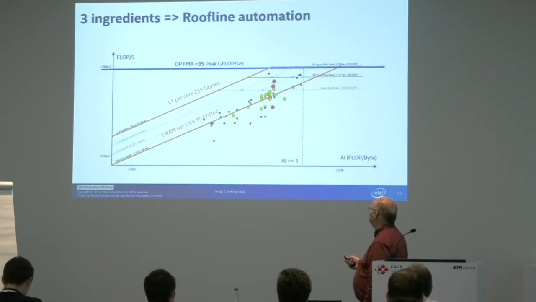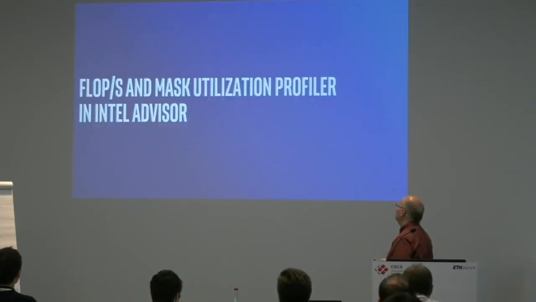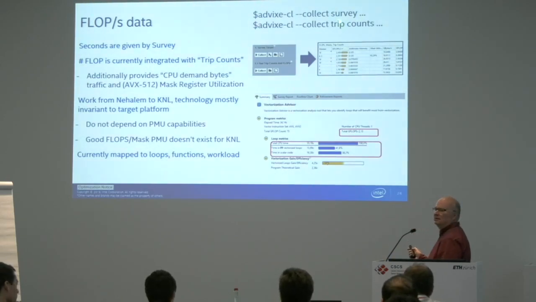So again, the ingredients of the Roofline automatization are then something about the flops. You can do, as I said before, everything with the command line when you're on a cluster.